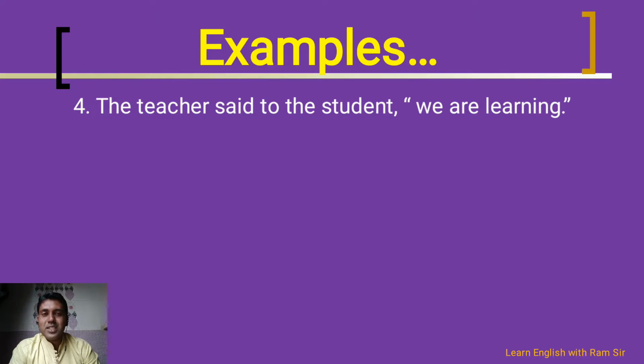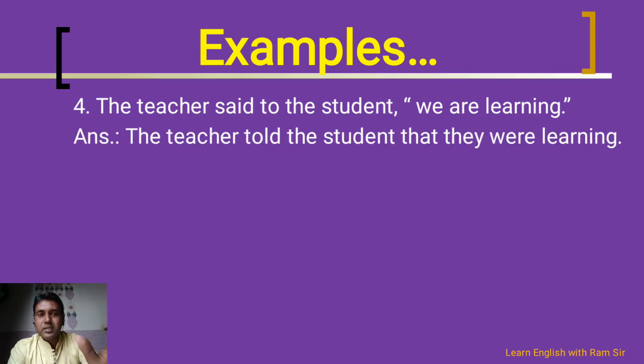So the sentence is in present continuous tense, right? Ing is there, learning, we are learning. So we need to convert present continuous tense into past continuous tense. So the answer will be like this. The teacher told the student that they were learning.